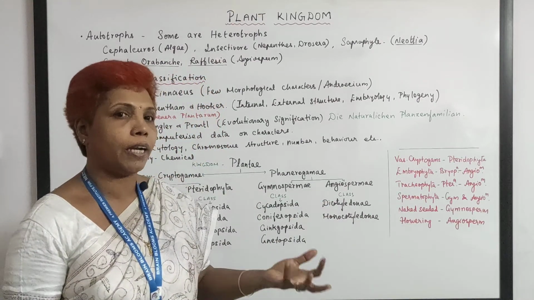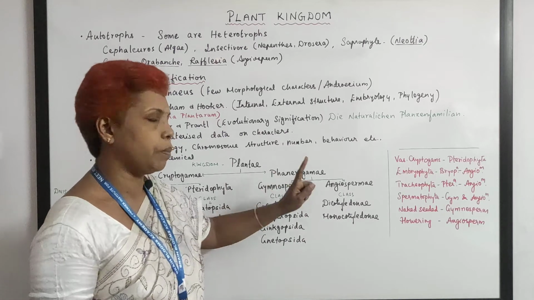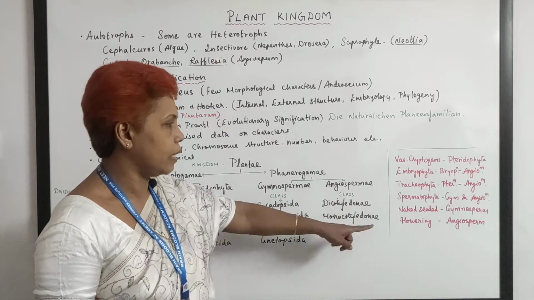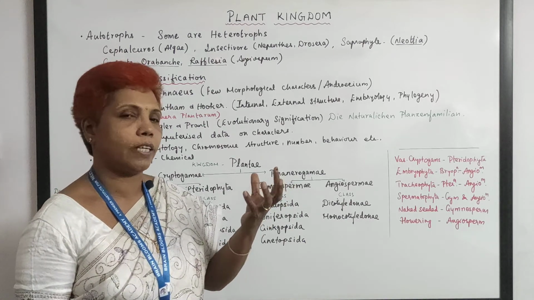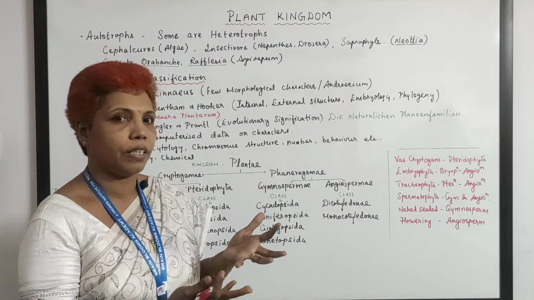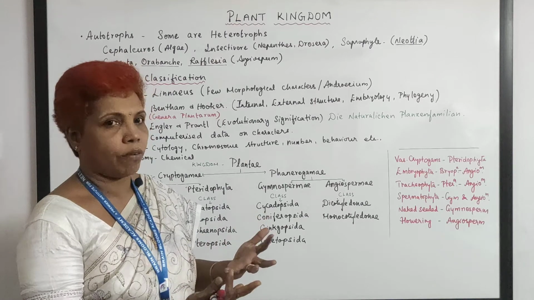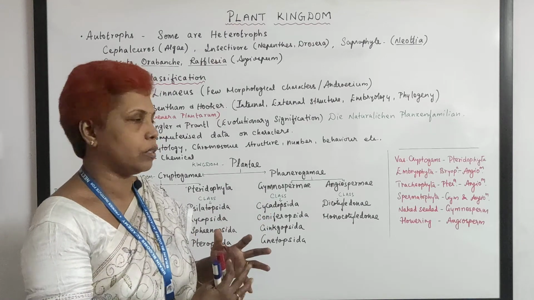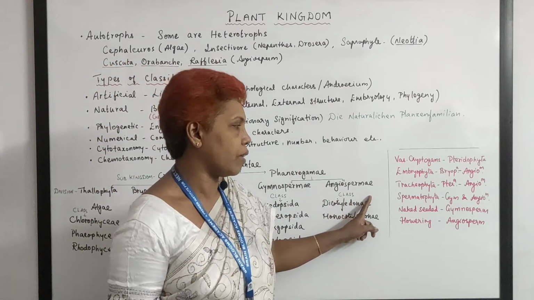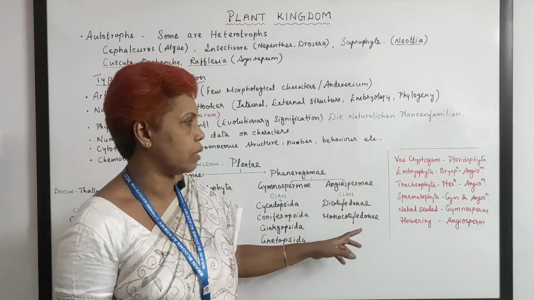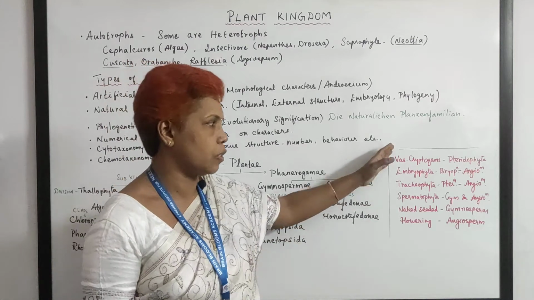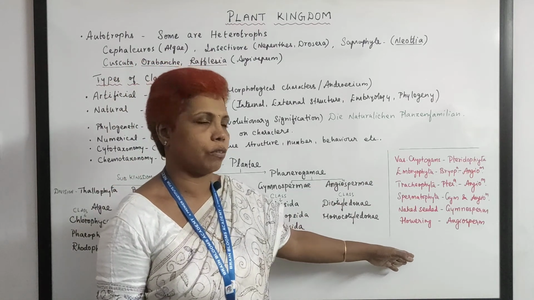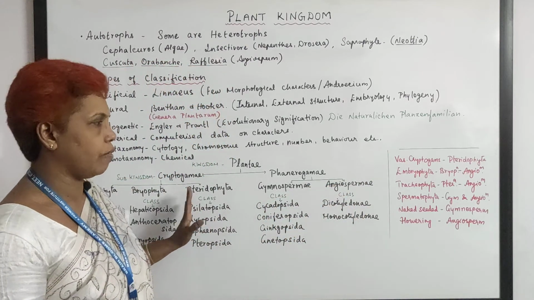Spermatophyta means the seed forming plants, gymnosperms and angiosperms. In that, gymnosperms have naked seeds, the seeds are not covered, and there is no flower also, they just form cones. And here there are flowering plants, angiosperms. Flower is meant for reproduction.